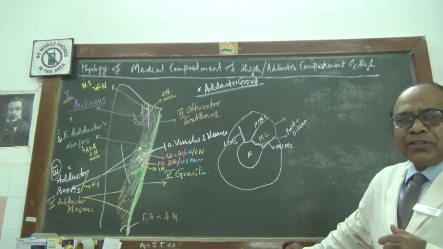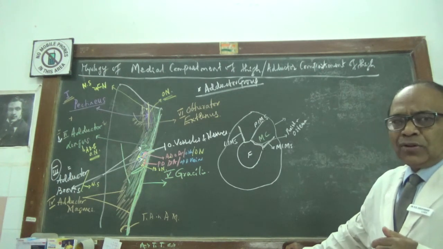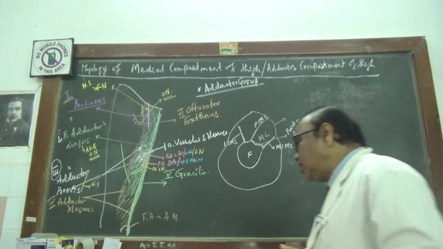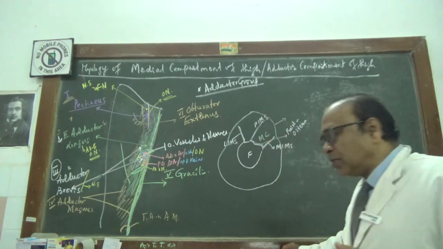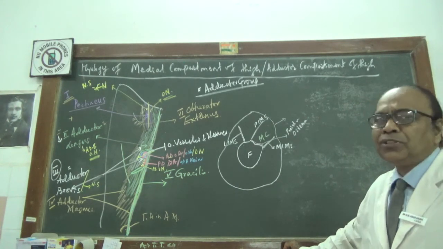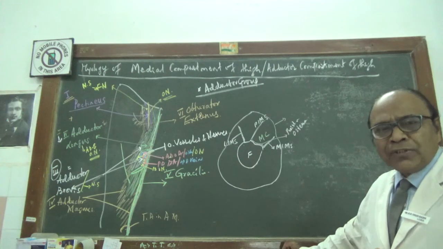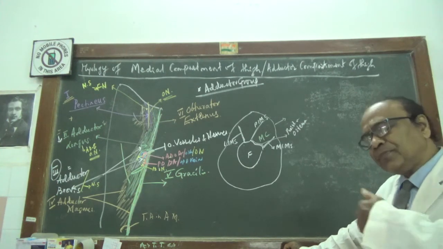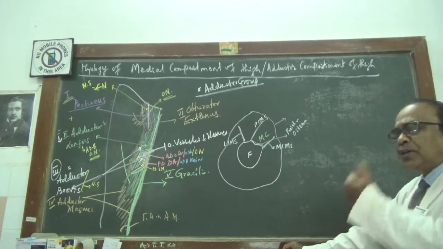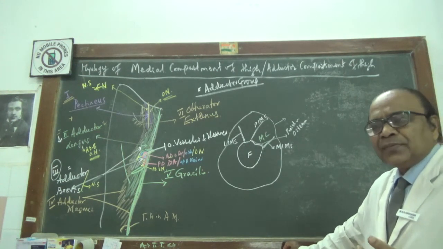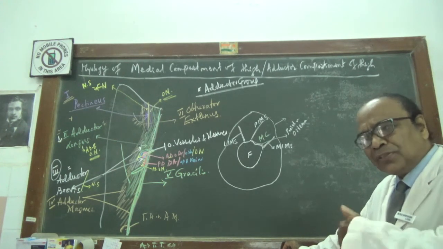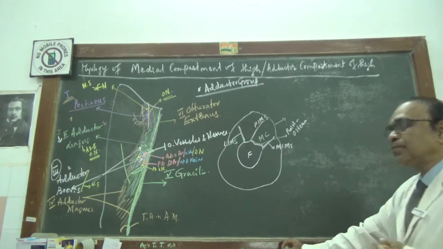This tendinous aperture is almost round. So the adductor magnus forms some boundary of the canal, belongs to the adductor group, and also to the hamstring variety through a few fibers of the posterior compartment.